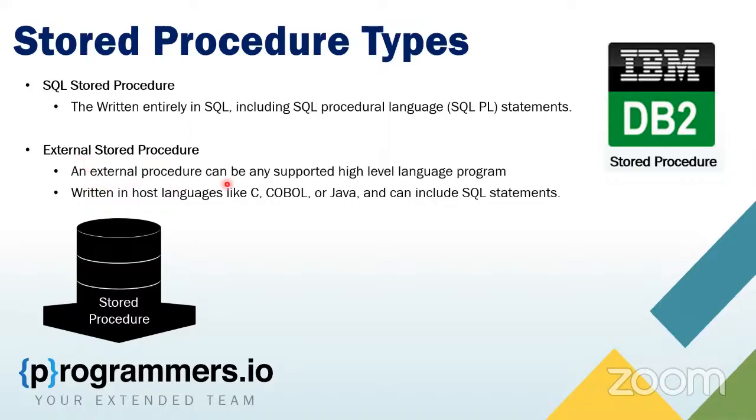An external stored procedure can be any supported high level language program written in a host language like C, COBOL, Java, Python, PHP, and it can include SQL statements also. By an external stored procedure, you can call a Java, PHP, C, or Python program, just by an external stored procedure.